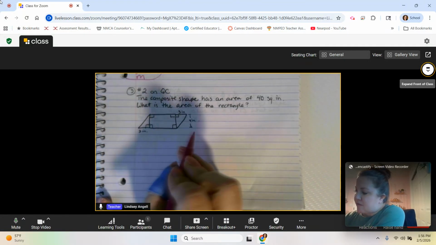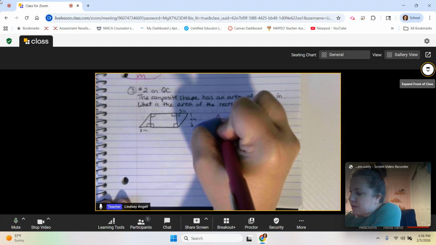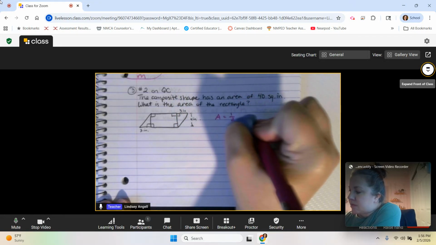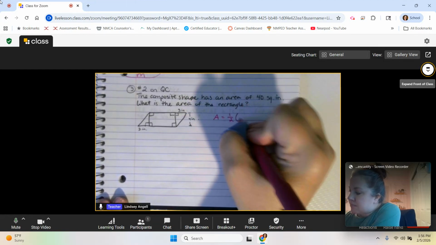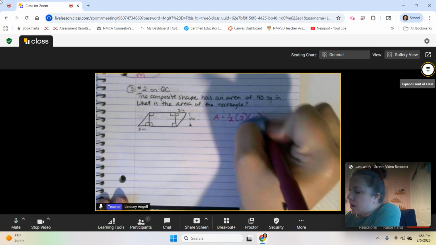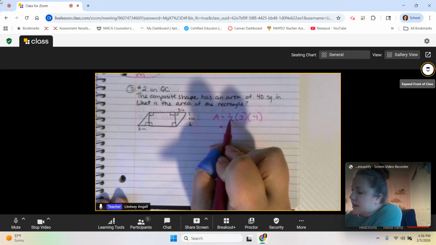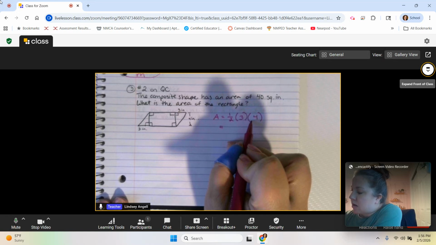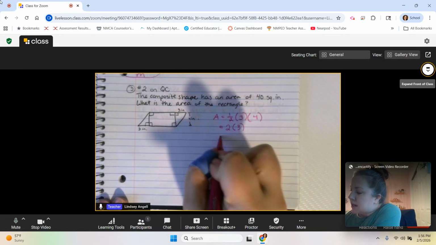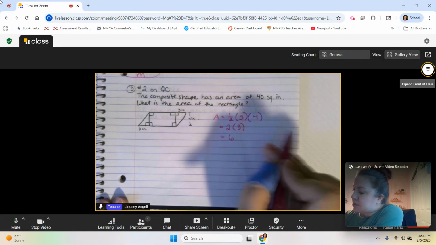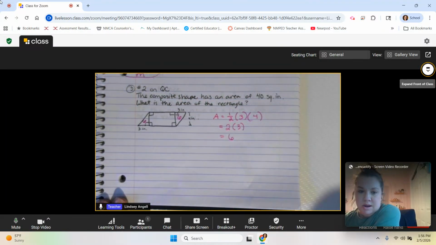But so if we have two of those, well, one thing we could do is find the area of one. So the base is 3, and the height is 4, okay? So we could say, half of 4 is 2, times 3 is 6. But there's two of those. So we've got 6 and we've got another 6 right there.